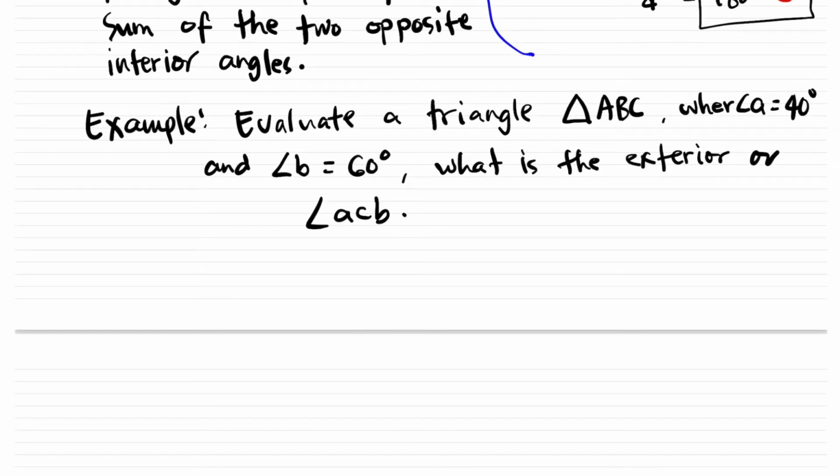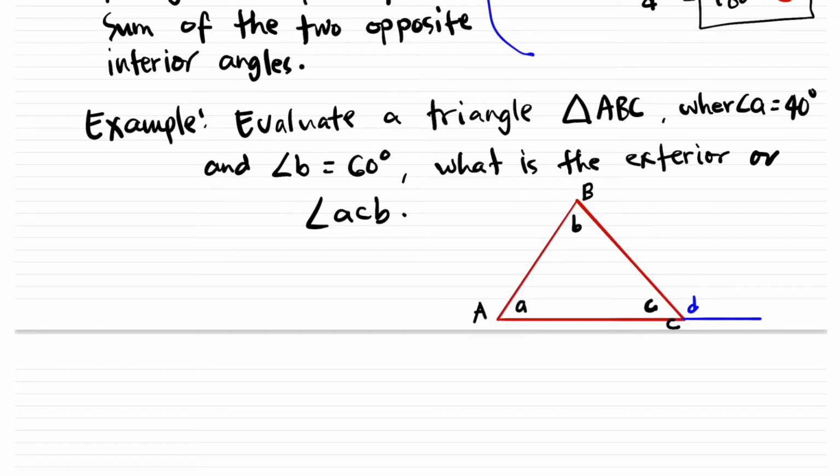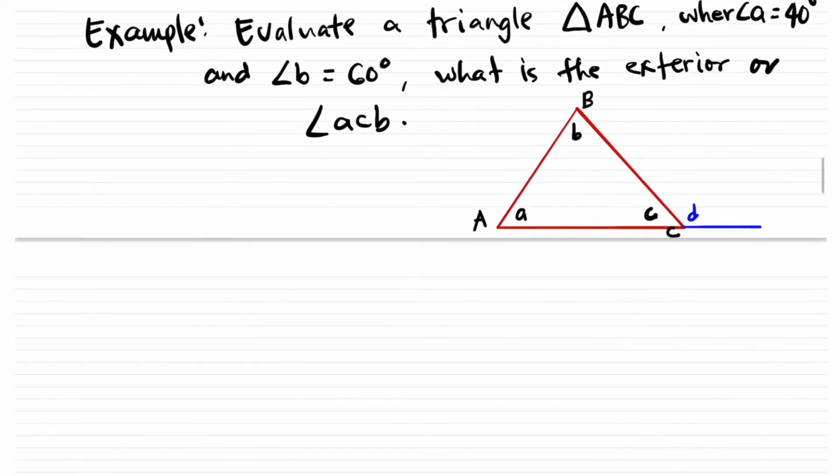Alright, so if we're going to draw that, guys, we draw our triangle here, then we draw our exterior angle there. We name our triangle: this is A, this is B, and this is C here, and this is D. So our triangle is A, B, and C. Now we look at the given, so we draw the triangle here again.